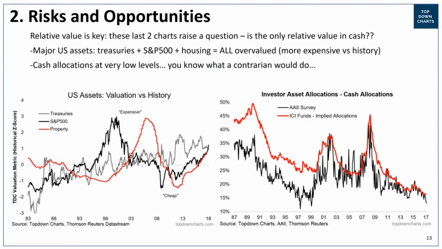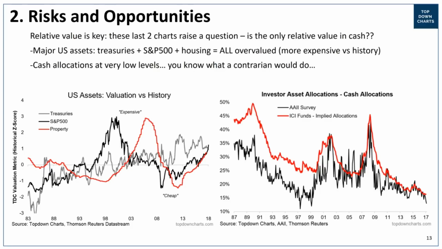And you throw into the mix this chart on the right, and that shows you basically just 2 different measures of cash allocations. One's derived from fund assets, and the other one's derived just from the AAII survey. So whatever way you look at it, cash allocations are pretty low at this point, and so I guess if you're the contrarian in the room, you might look at this and say, well, people are all piling into treasuries, property, stocks, and making them too expensive and going out of cash, so I'm going to go the other way.